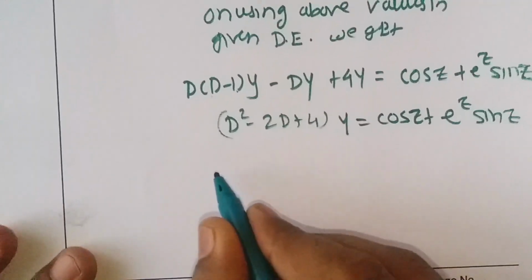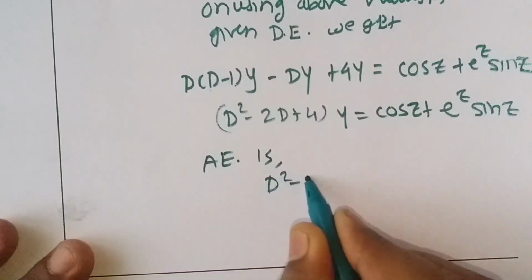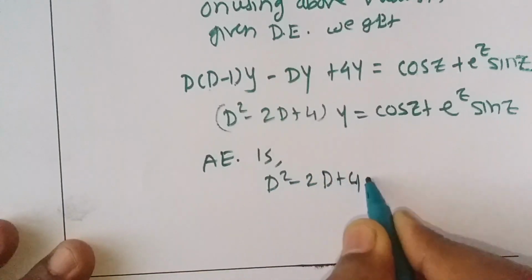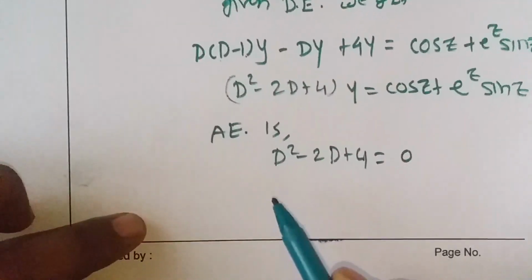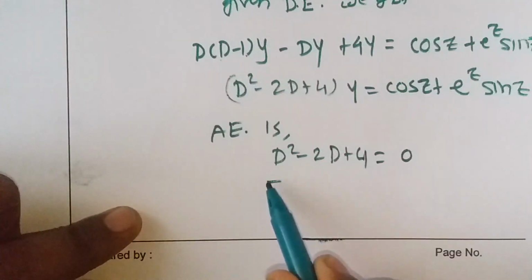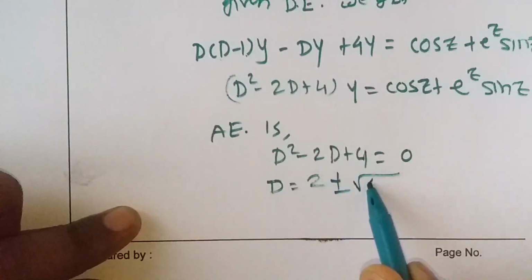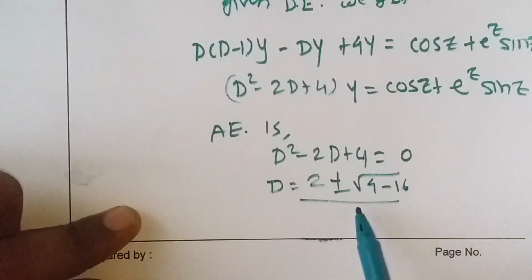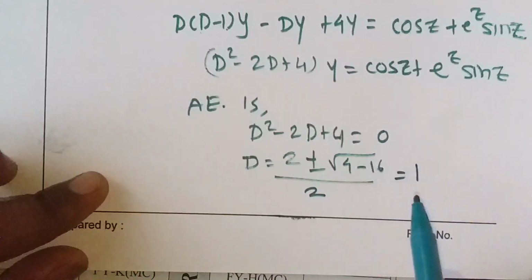So let us start. First consider the auxiliary equation: D square minus 2D plus 4 equal to 0. It is the perfect square of D minus 2 bracket. Sorry, it is not a perfect square. Its roots will be D equal to minus b plus minus root of b square minus 4ac, divided by 2a. So minus b is 2, b square is 4, 4 minus 16 is minus 12, divided by 2. 2 by 2 means the real part will be 1.